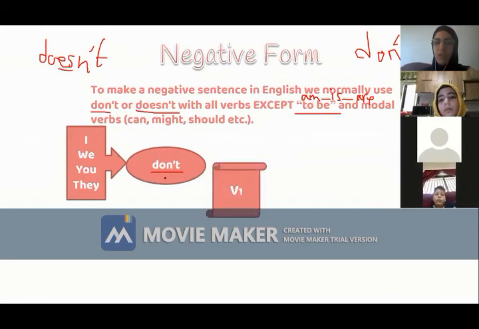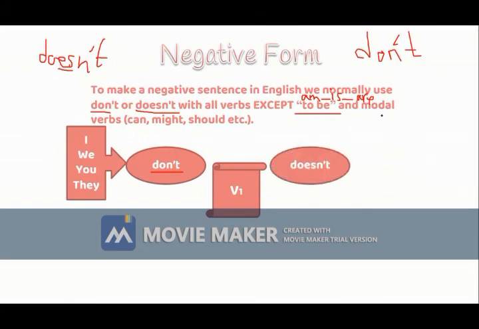Then I put the verb without adding anything to it. But if I have he, she, it, I have to use doesn't, and I put the verb without adding anything to it. When I use doesn't, I do not add anything to the verb. And when I use don't, I do not add anything to the verb.